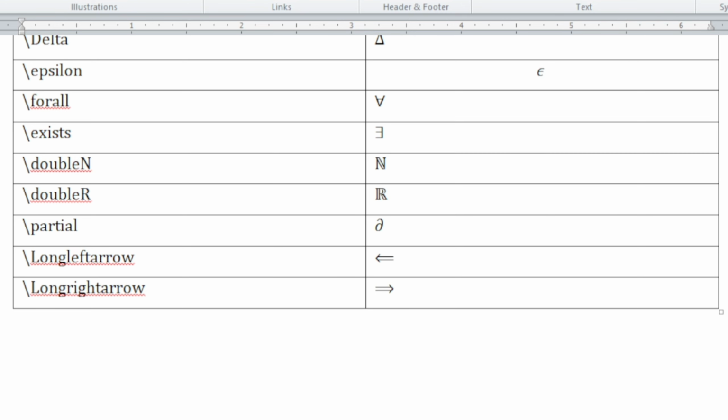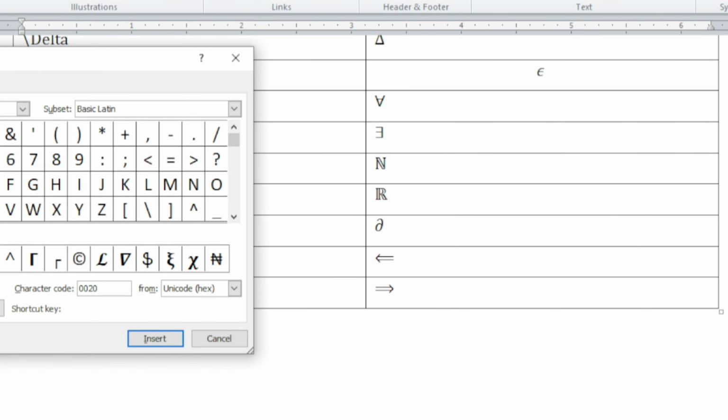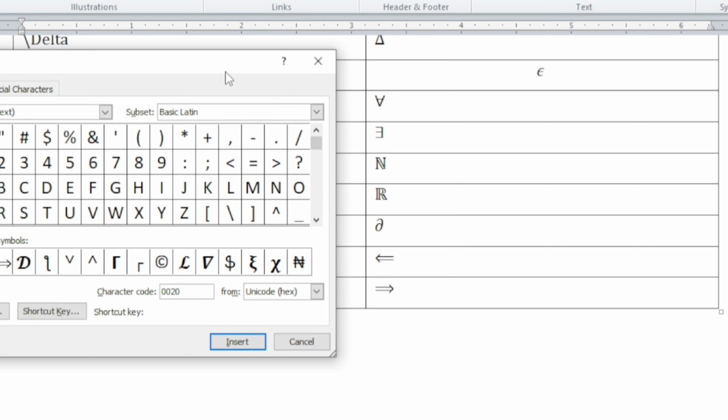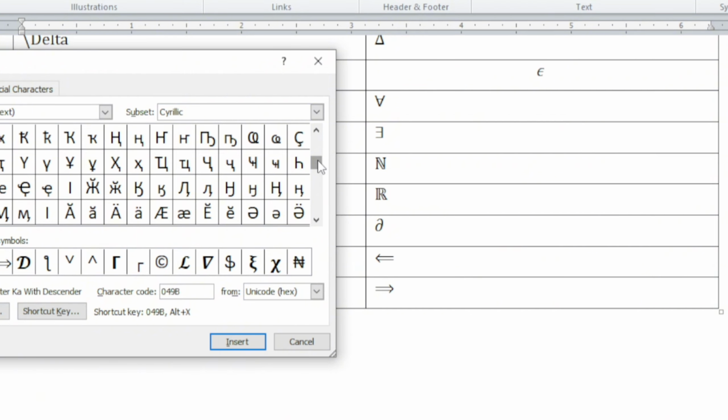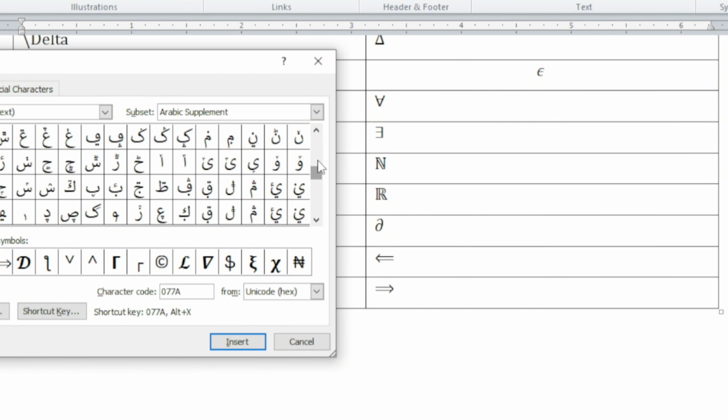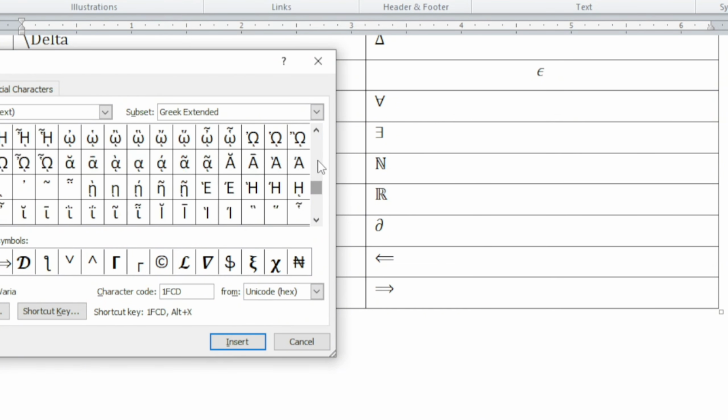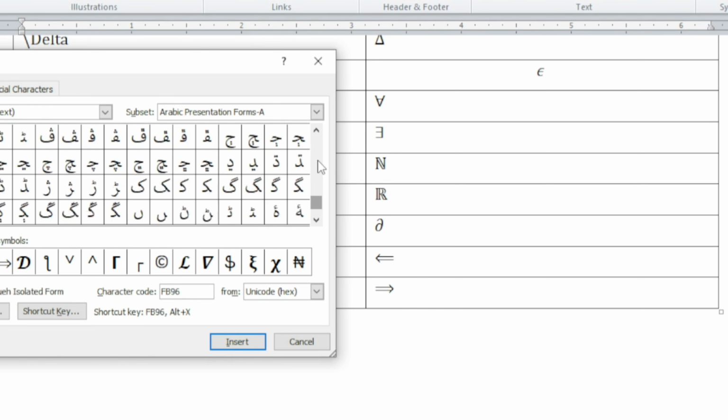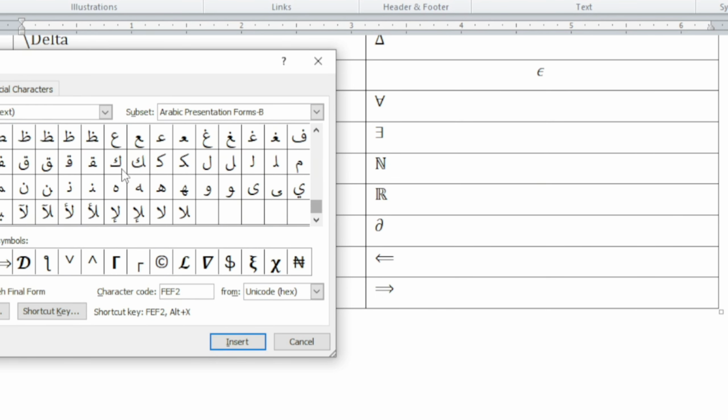I use this one for Laplace. Then I can go to more symbols, basically. So you have something like this, small symbols, and you can pick a lot of symbols here. So just look for what you want to use. There are a lot of symbols there. So just pick it and you will be just fine.